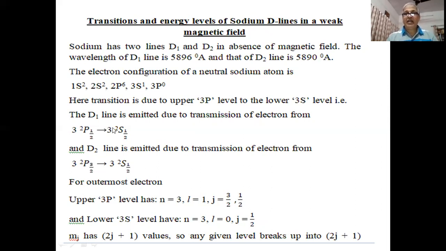For the upper 3p level, n equals 3, and for p the value of L is 1.